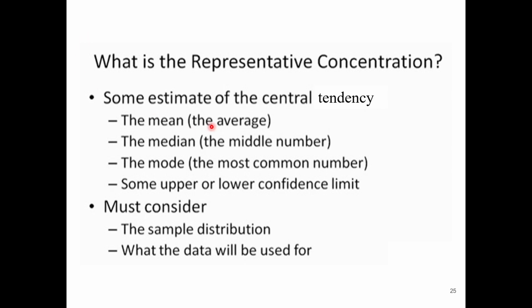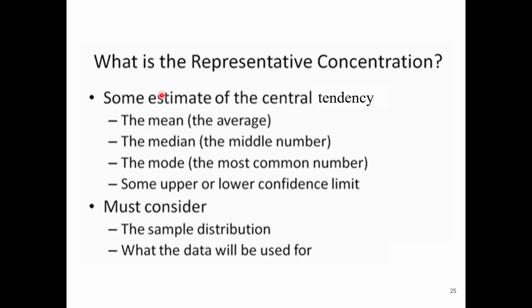Okay. So what is this representative concentration? What can be that ideal representative concentration? So let us think. Okay. According to statistics, it can be some estimate of the central tendency. That central tendency is nothing but it can be the mean, which is the average, it can be the median, which is the middle number, or it can also be the mode, which is the most common number.